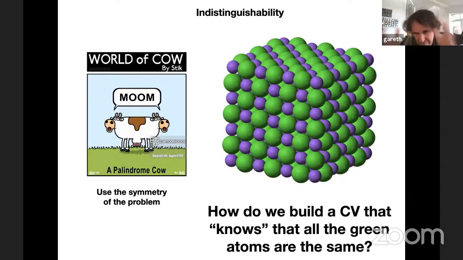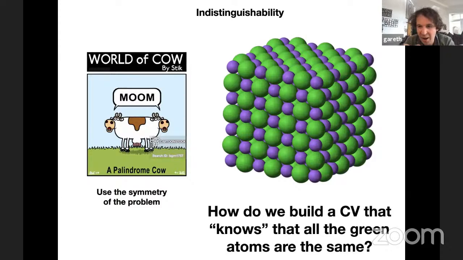Because we know that if we have a solid-liquid transition, for instance, it doesn't matter which atoms go through the transition first, all of those pathways are the same. So we can't treat the atoms as distinguishable like we would if we were doing biophysics. We have to take into account the symmetry somehow.